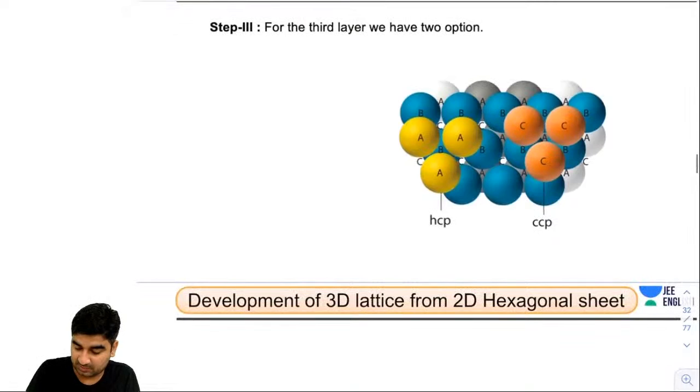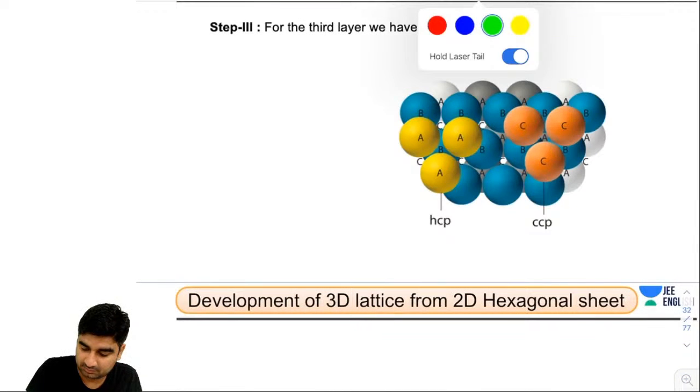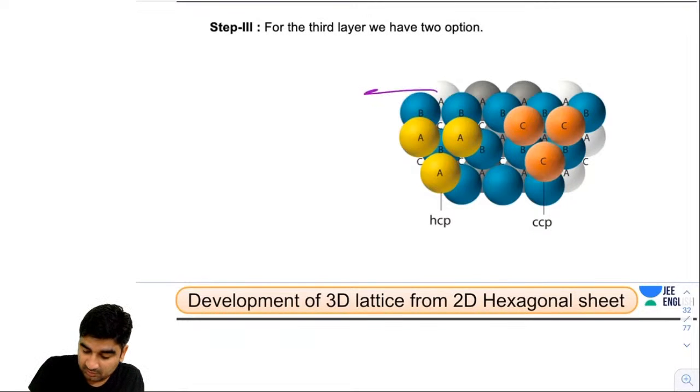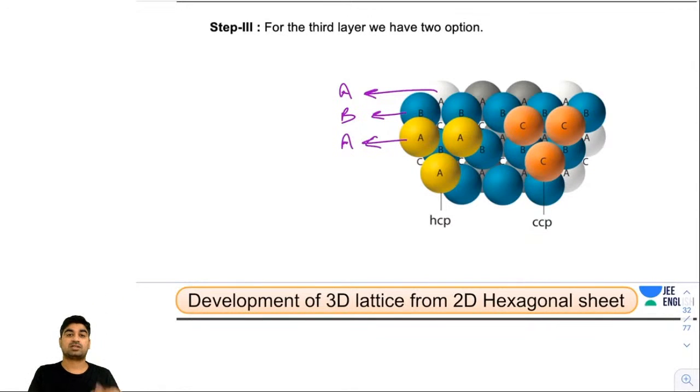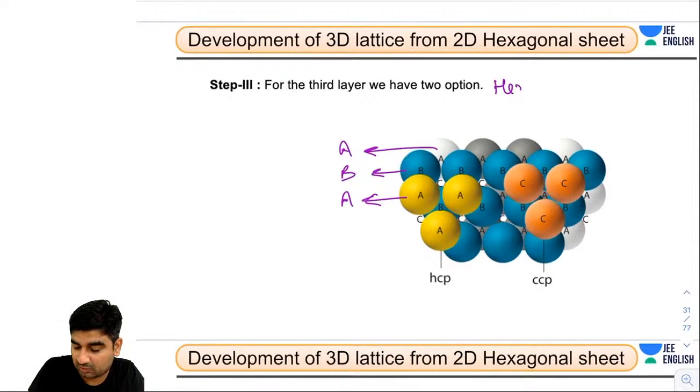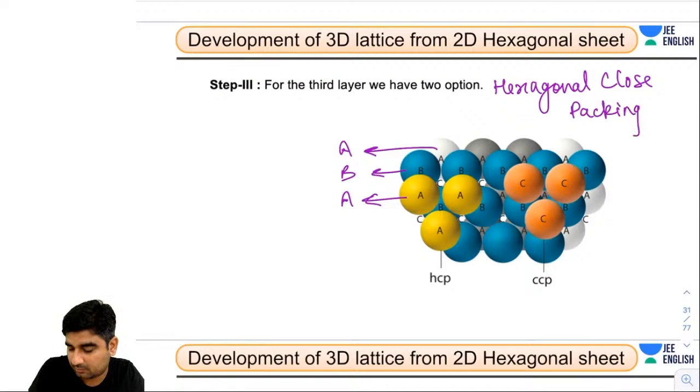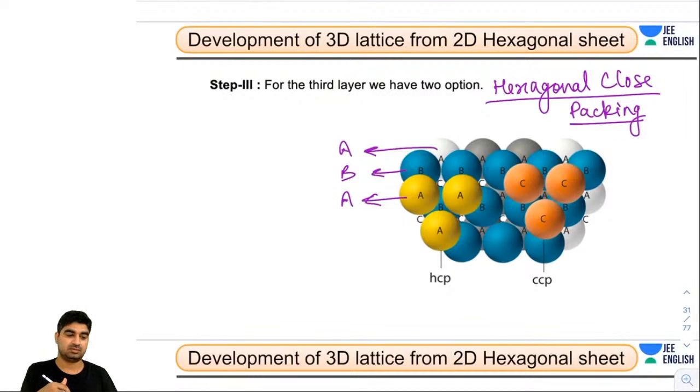And using this arrangement, here we have A, here we have B, and here again we have A. So this arrangement is called AB type, and the unit cell obtained from this arrangement is called hexagonal close packing. Note it down. Hexagonal close packing.